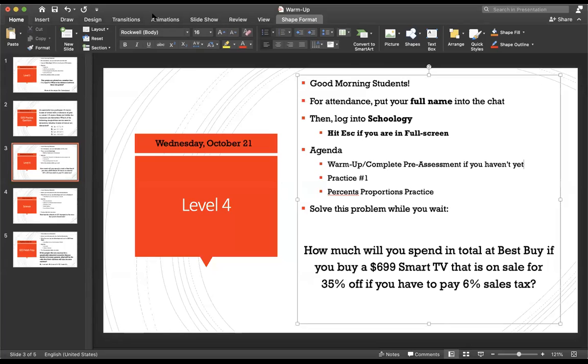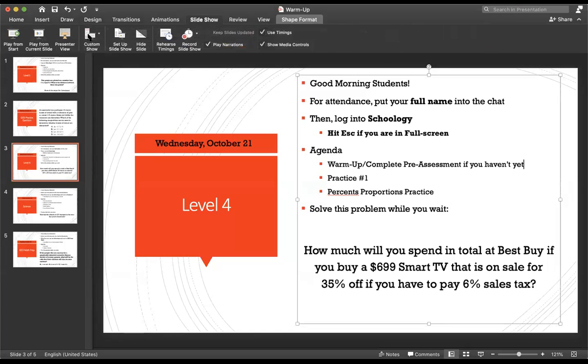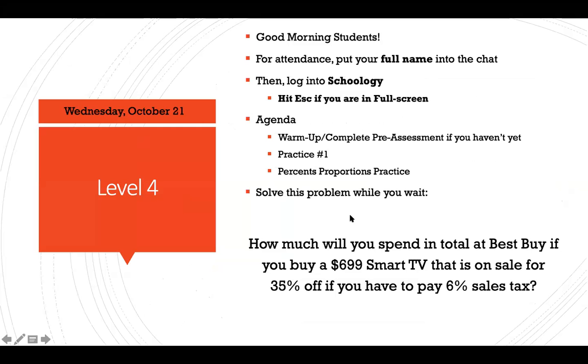It says, how much will you spend in total at Best Buy if you buy a $699 smart TV that is on sale for 35% off if you have to pay 6% sales tax?